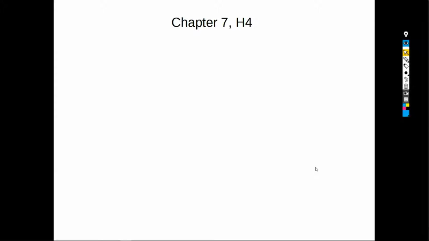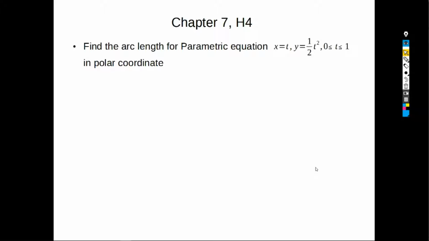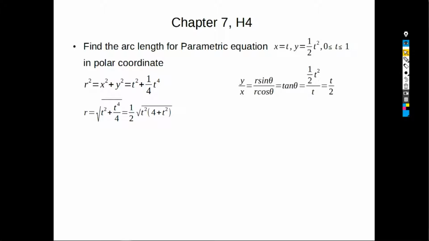Now, another example, but with the same equations. This time, however, it is in polar coordinates. So, we start by finding r. We know that r squared equals x squared plus y squared, which equals t squared plus 1/4 t to the 4th. r, therefore, equals 1/2 the square root of t squared times 4 plus t squared.